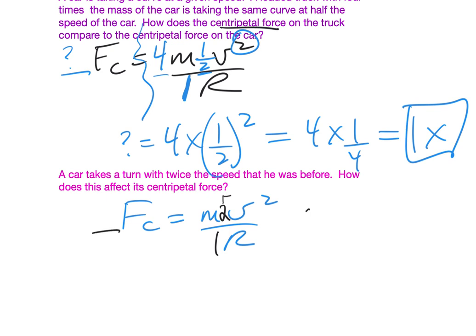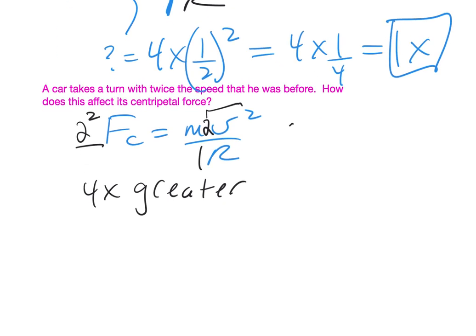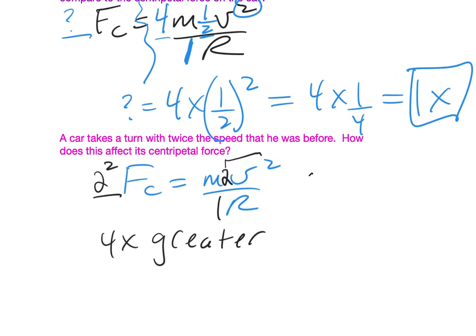Well, he's going to need 2 squared, or 4 times greater. He's going to need 4 times more centrifugal force than he had before, or else he's going to slide off. So you double your speed, you quadruple the centrifugal force needed between tires and road to keep you on the road.